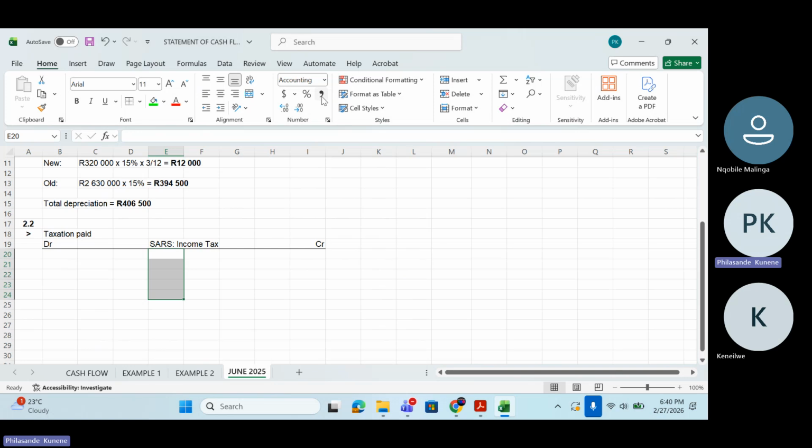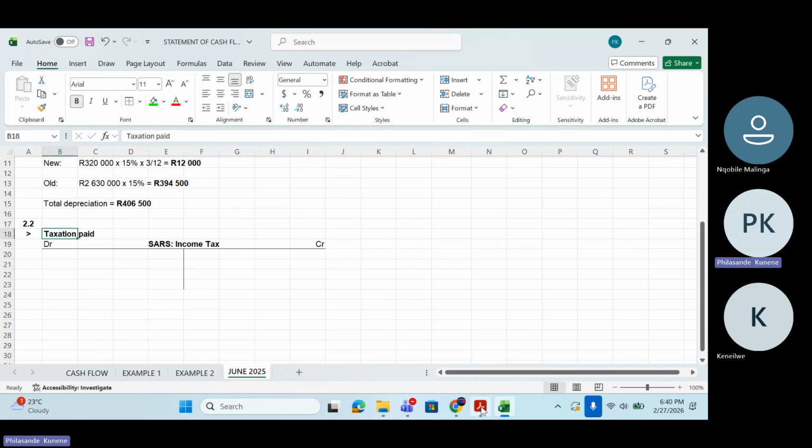That's the one that I want us to do all the time. When you're going to calculate tax paid, you must always prepare the SARS income tax T account.